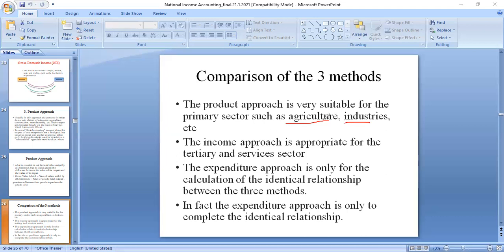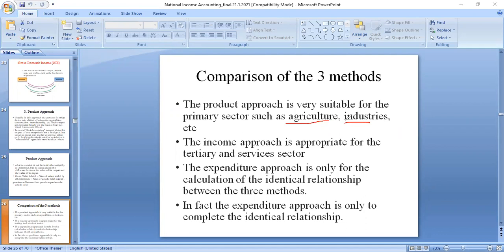And then of course agriculture and then industries, because these industries transform the input into the final good, and we've seen that the value added basically will be the difference between the price of the final good and the price of that good when it was actually an input in the production process.